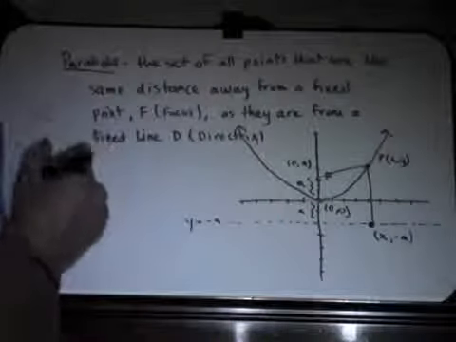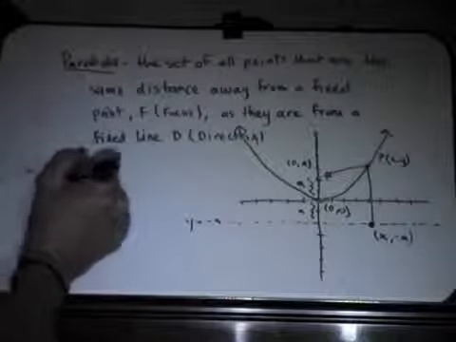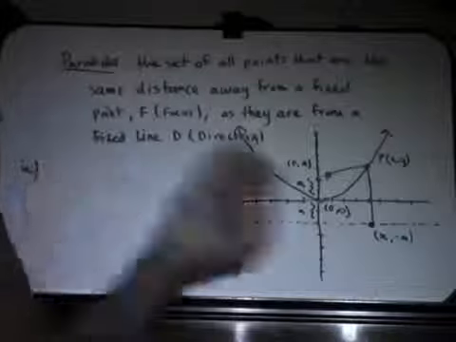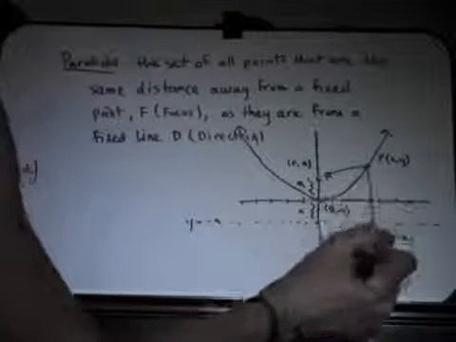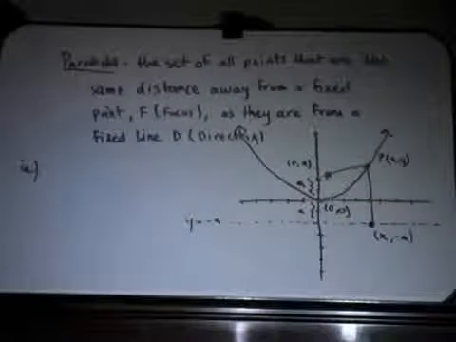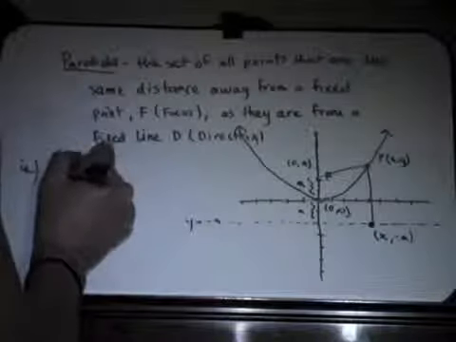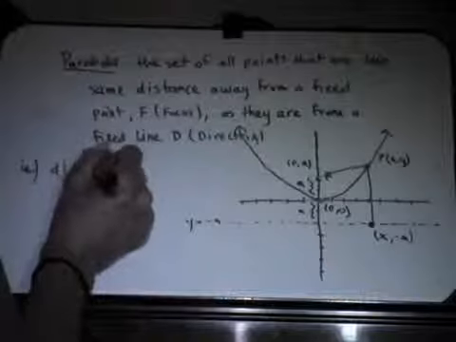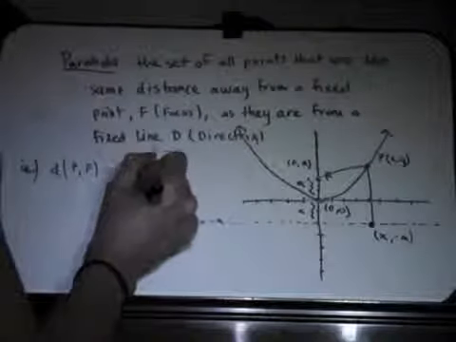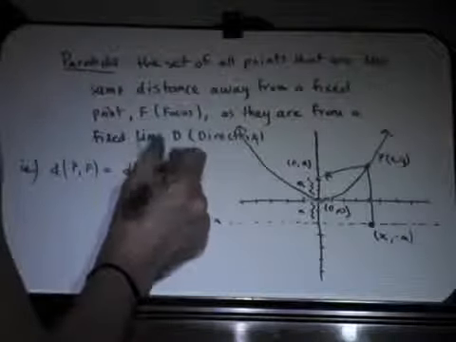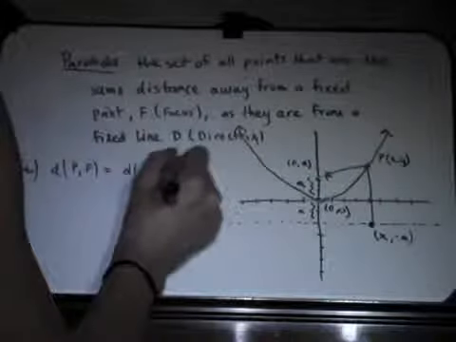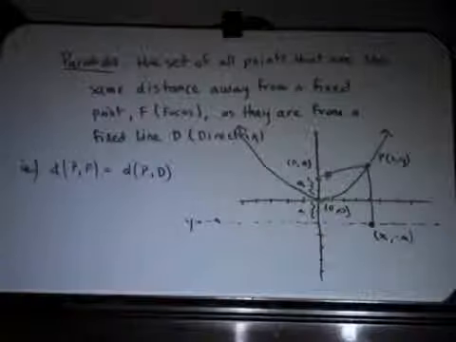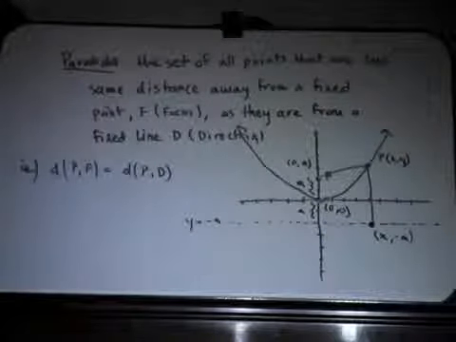So what we're saying as far as the definition of a parabola is that if this ordered pair P has the same distance away from the focus as it does from the directrix, then it is a point on our parabola. We'll say that in symbols over here: if the distance from P to F is the same as the distance from P back to the directrix line, then this point is a point on our parabola.